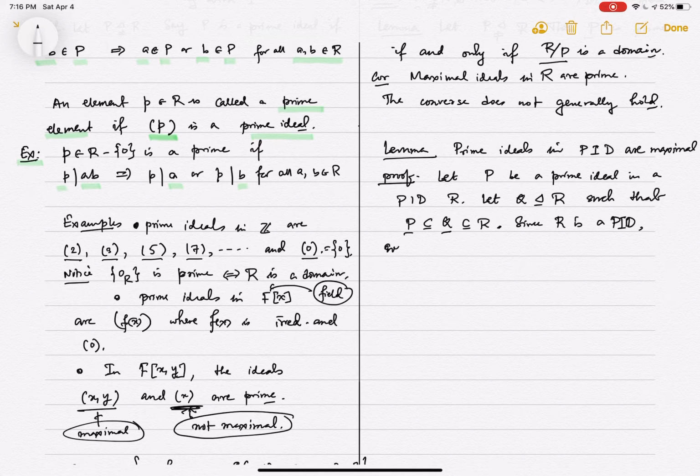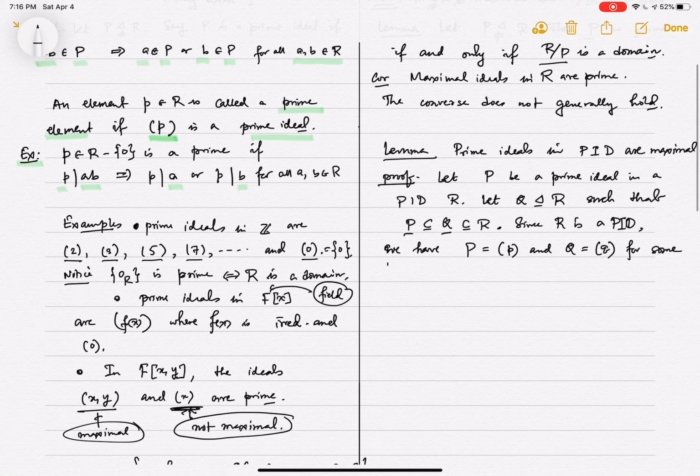We have P is generated by some element and Q is generated by some element, for some elements p and q in the ring.